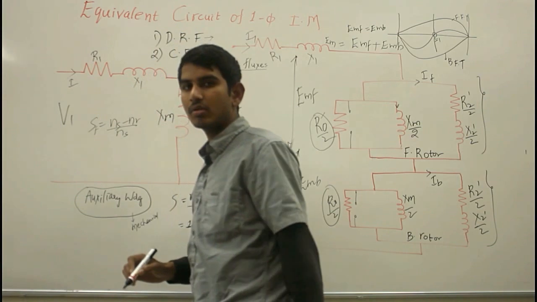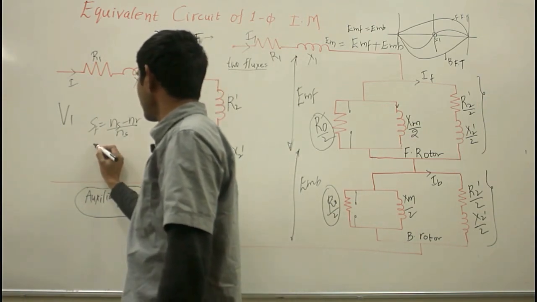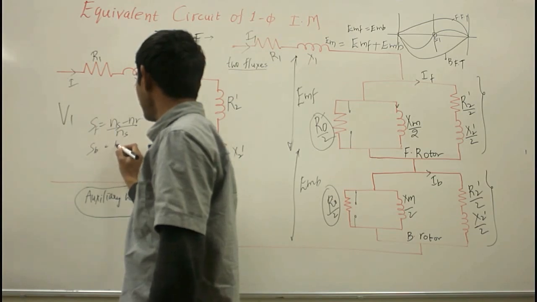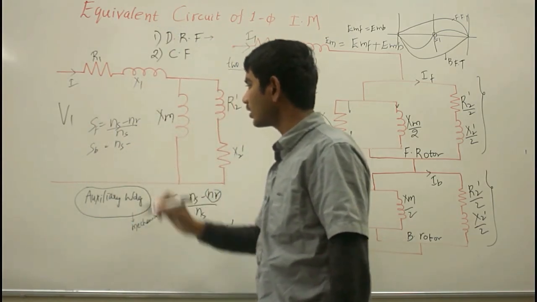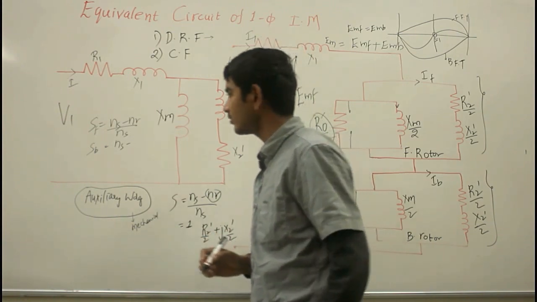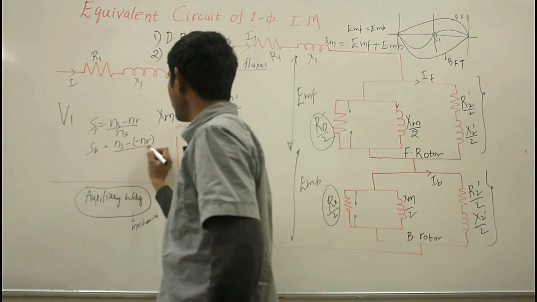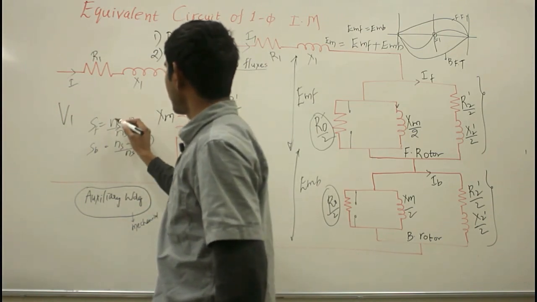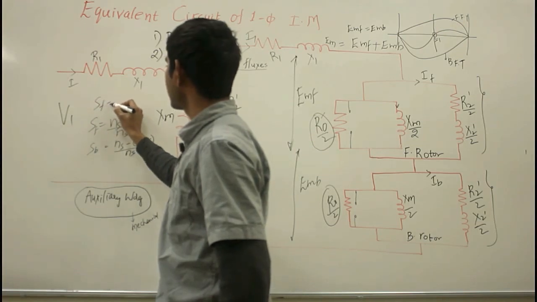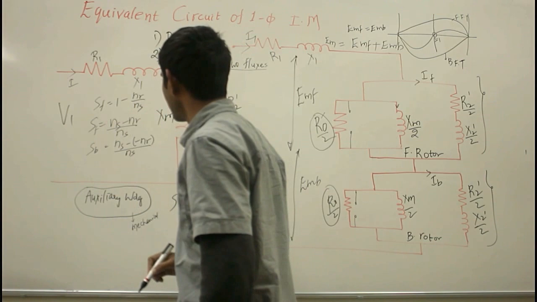Similarly, for the backward field flux, S backward is equal to Ns minus, and since the direction of the rotor is opposite to the rotating magnetic field, I am writing negative Nr upon Ns. Now from here SF I can write as equal to 1 minus Nr upon Ns.